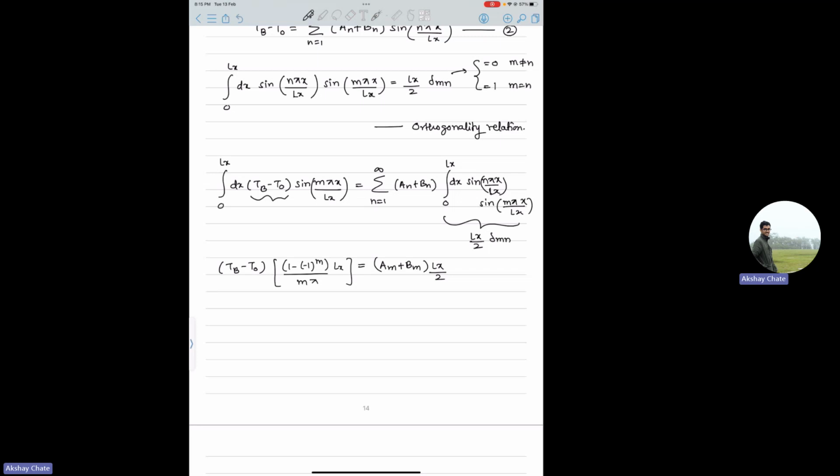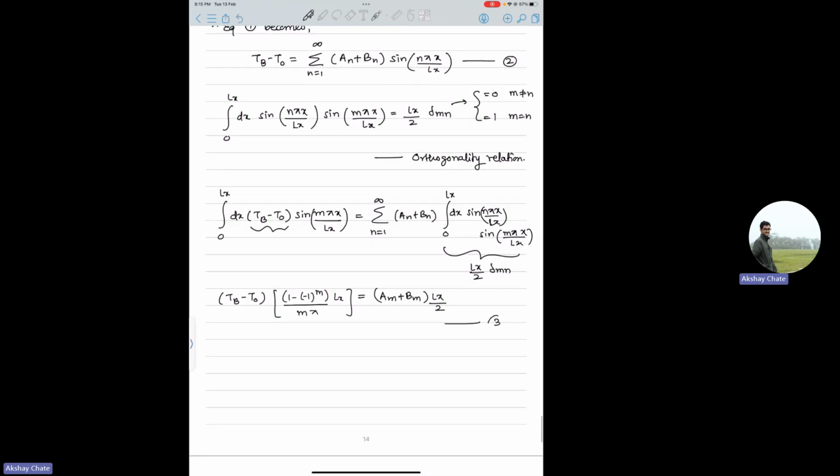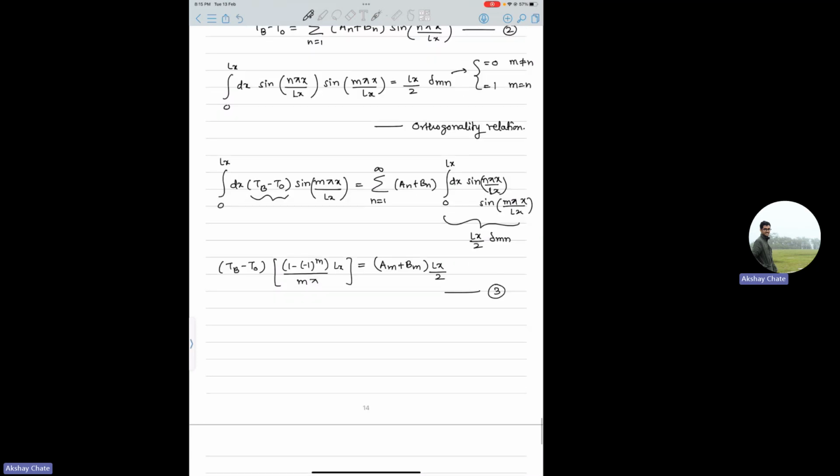So when m is even, this term is 0. When m is odd, this term is non-zero. So basically in this equation you have two unknowns, am and bm.